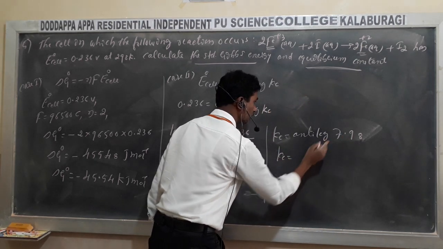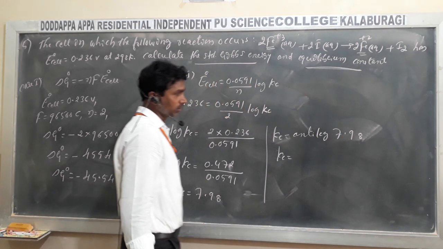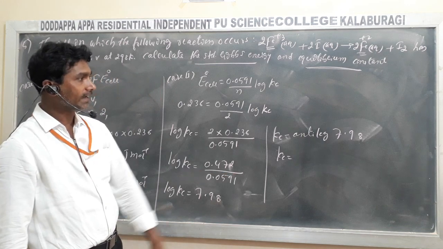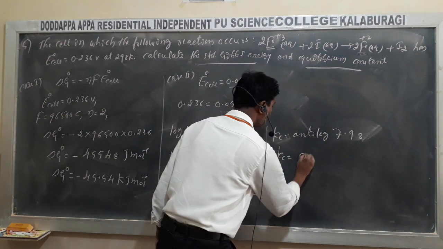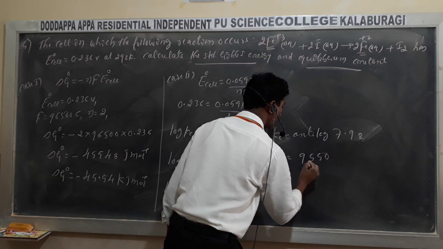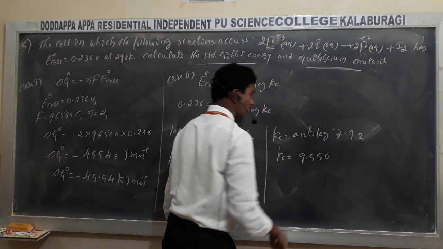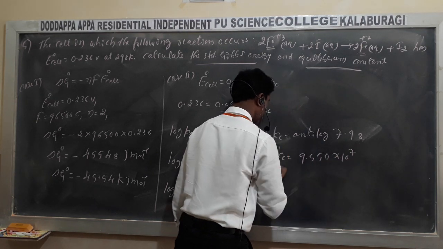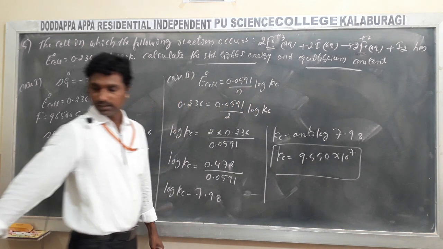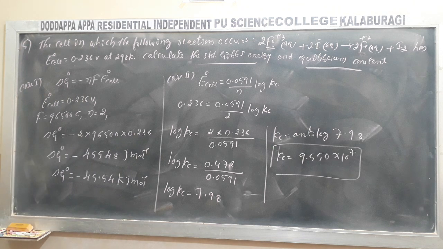Now Kc is equal to, you see the antilog in a log table, 0.980 column. The 0.980 column is 9.550. Always after one digit you have to put a point, and 7 is nothing but it is 10 to the power of 7. This is the calculation of the equilibrium constant.